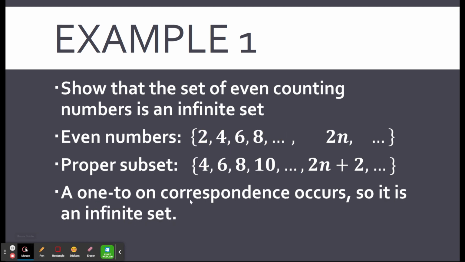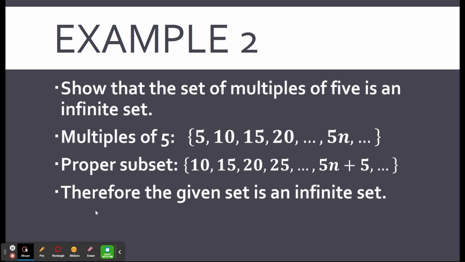Moving on to example 2: show that the set of multiples of 5 is an infinite set. Same kind of concept here. We've got our series, and we get this n value way down the road. What we do is chop that first one off, shift everything over by 1, and now we show, is there correspondence between these?